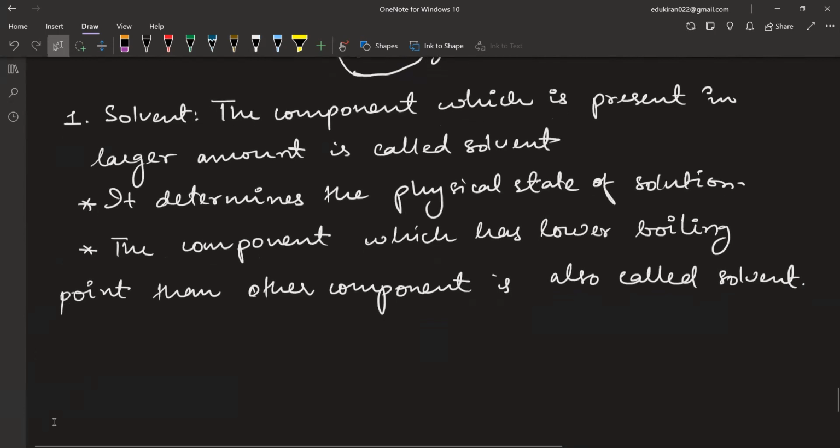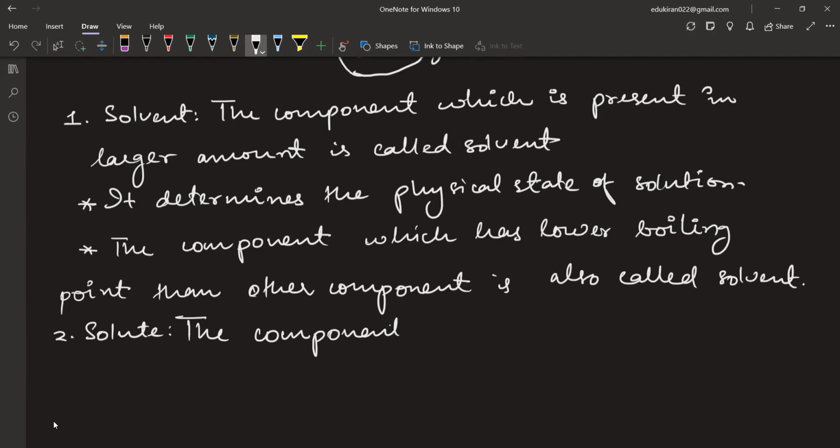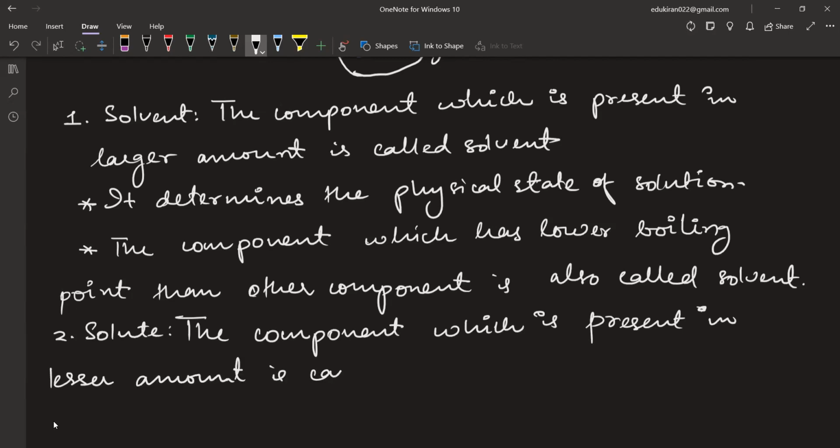Right, next, which is solute. Now, this solute component is what? It is present in minor amount. The component which is present in lesser amount is called solute.